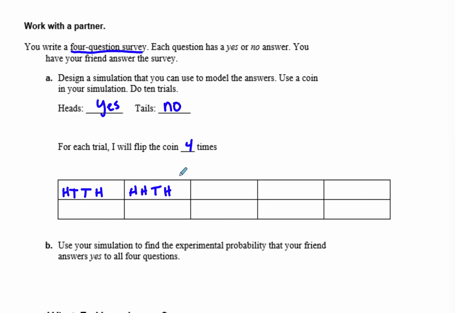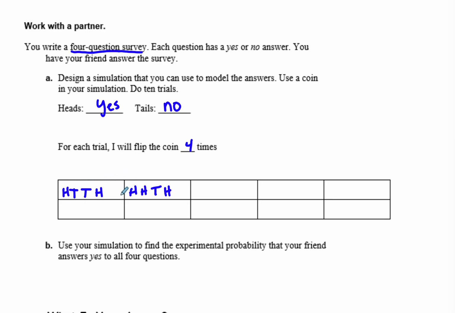You're going to do 10 trials. Each one's going to have 4 letters that you are going to write in your box or type in your box. And then you're going to find the experimental probability that your friend answers yes for all 4 questions. So yes for heads means that you have heads, all 4 being heads.